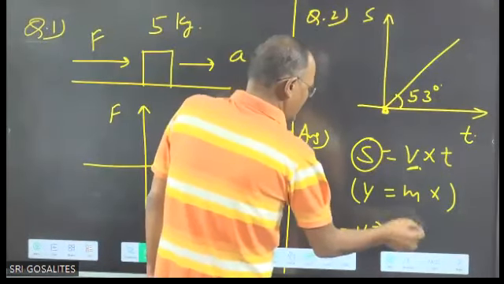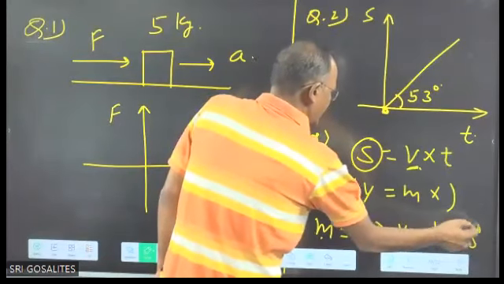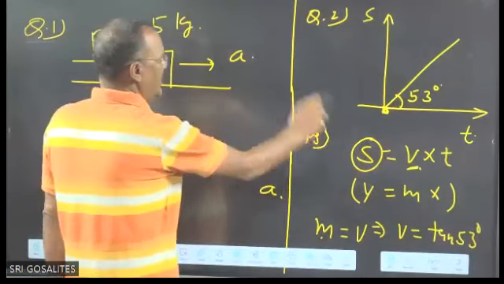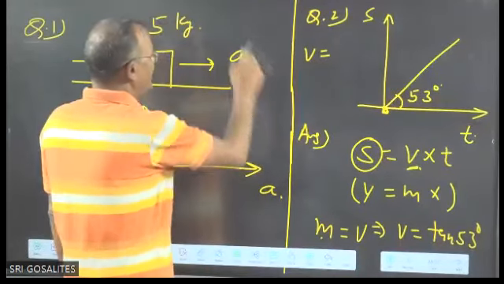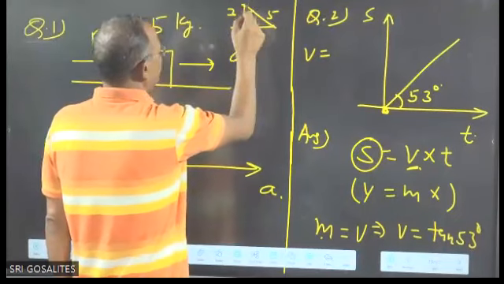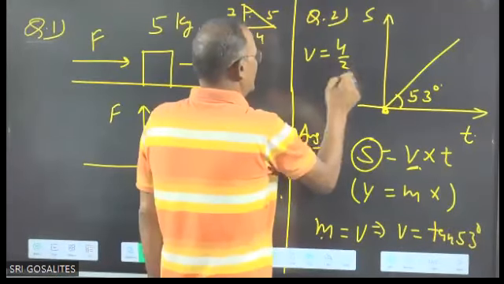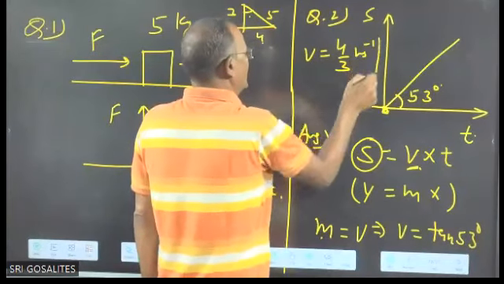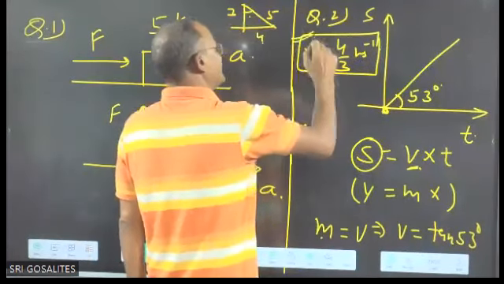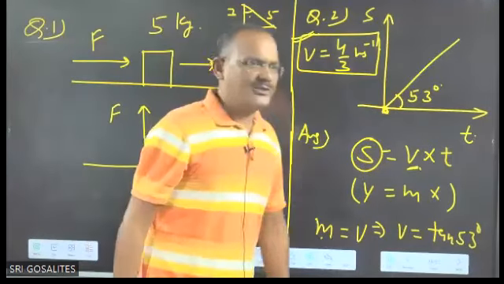Is this or not? M is how much? tan theta, meaning tan 53 degrees. So what is v? tan 53 is 4 by 3, from the 3, 4, 5 triangle for the 53 degree angle. So the speed is 4 by 3 meter per second. Okay, that's the answer. How many of you got it?